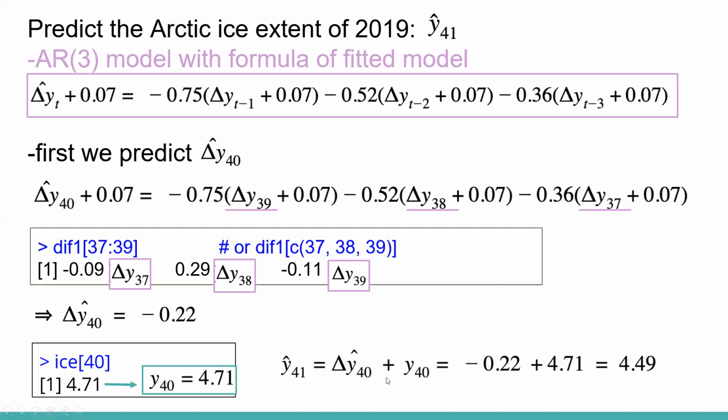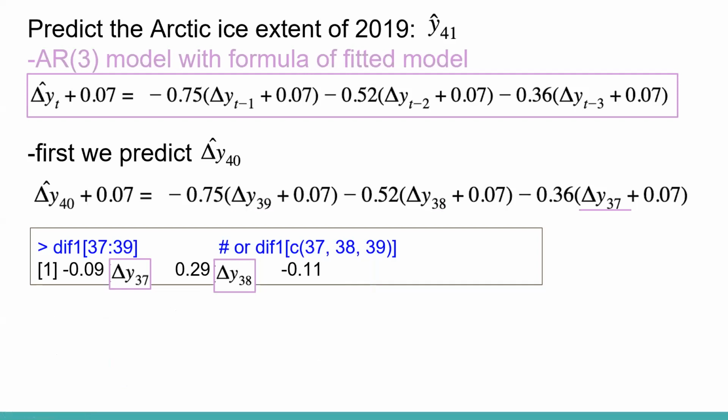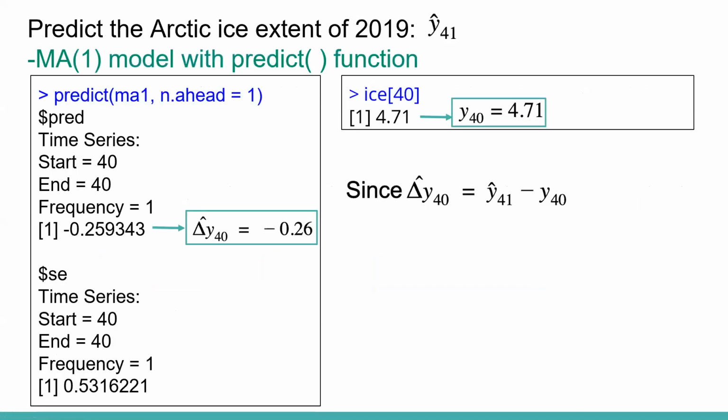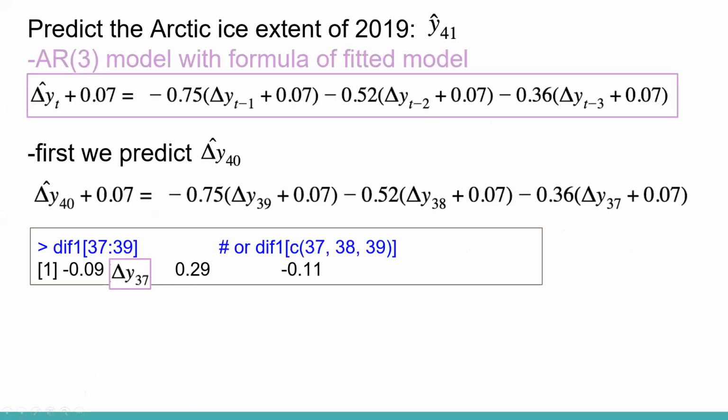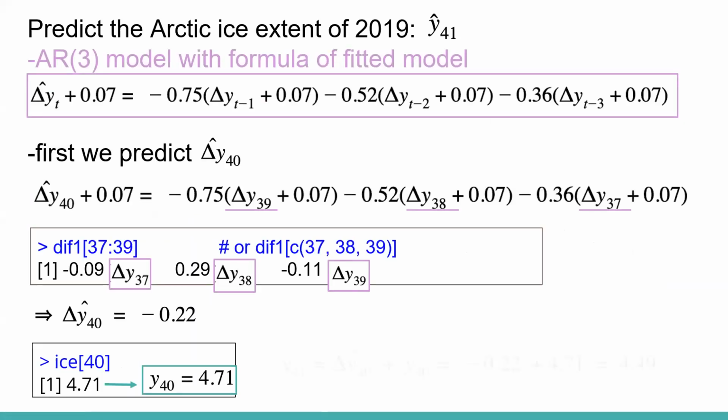Then you add them together and this is going to be the actual prediction for the first point in 2019. And what did ARIMA predict for that one? ARIMA predicted 4.45, but AR of order 3 predicted 4.49. Can you see that now?